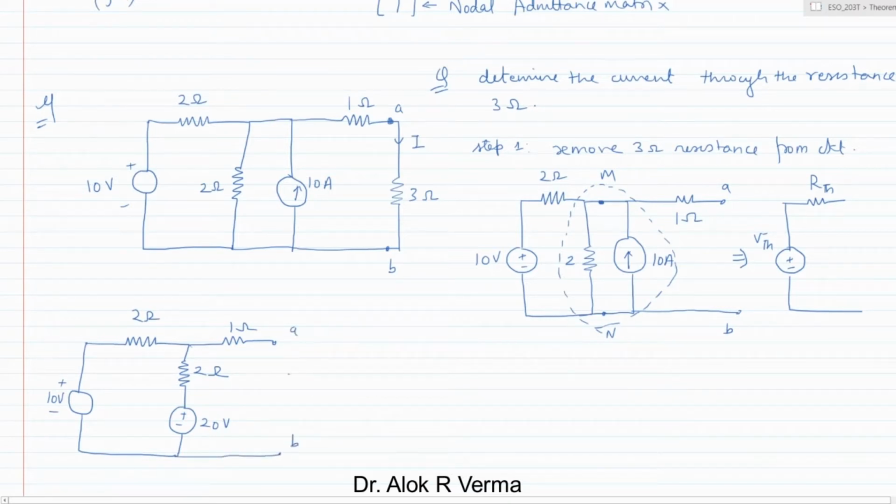Now the idea is to find the open circuit voltage between terminals A and B. When terminals A and B are open, no current will flow through this 1 ohm.